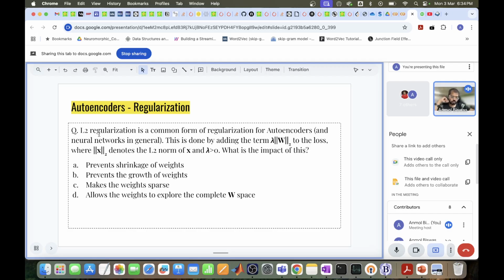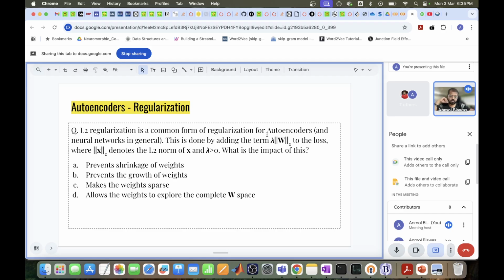So, speaking of regularization, we're going to talk about some of the regularization methods. One of them is called L2 regularization, a common form of regularization for neural networks in general.